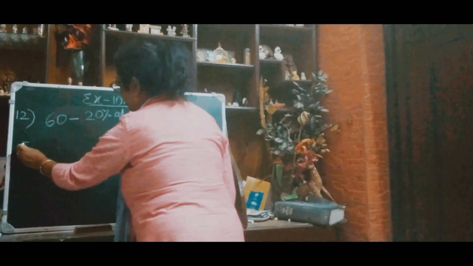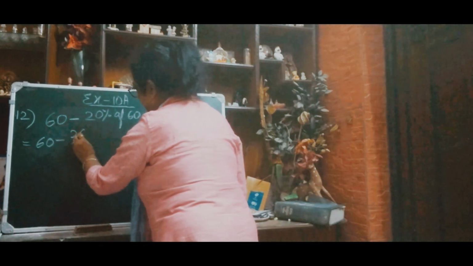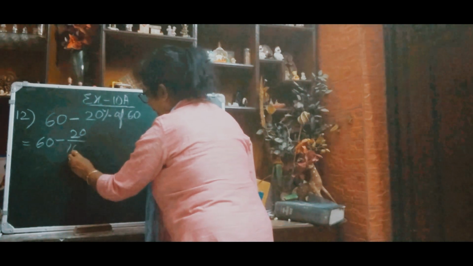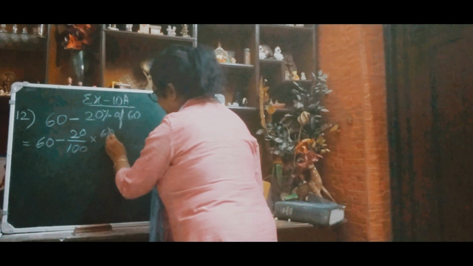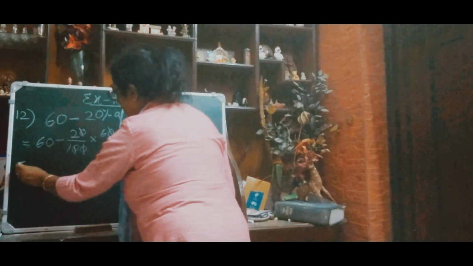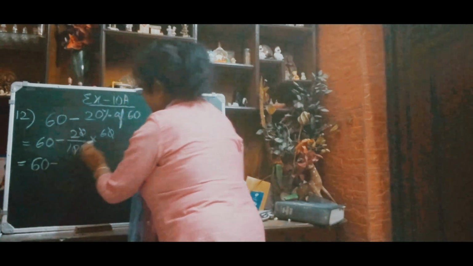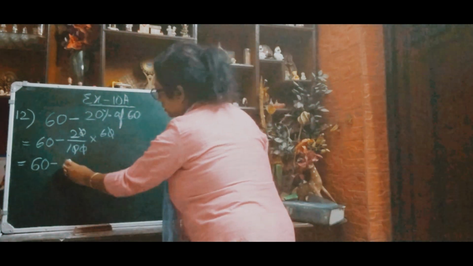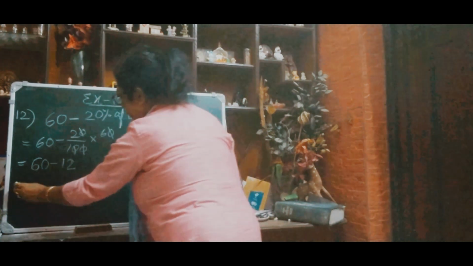So we will do 60 minus 20 by 100 into 60. Again these two zeros cut. Now we got 60 minus 12, six twos are 12.